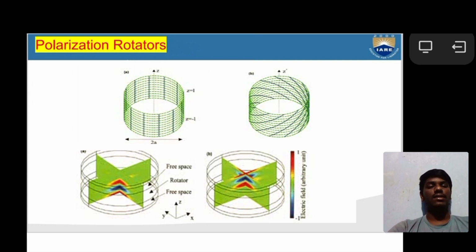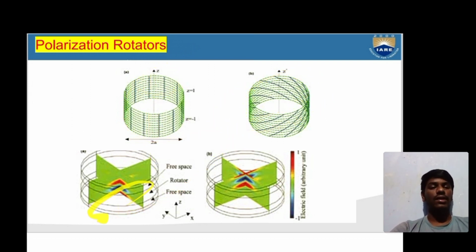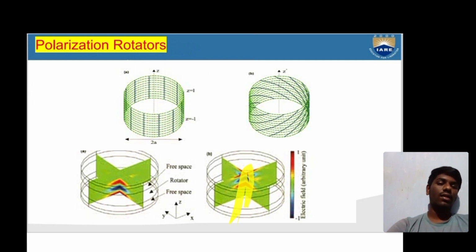Now it's rotating along the z direction. As before it is like this, and after the polarization rotator, the object will be rotating along the z direction, clockwise or anti-clockwise. Here we can see the electric field intensity.